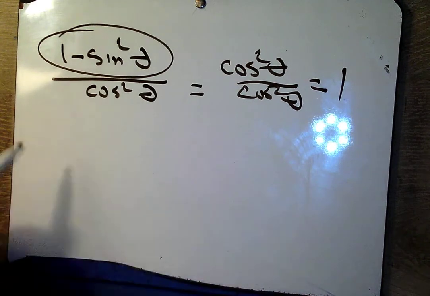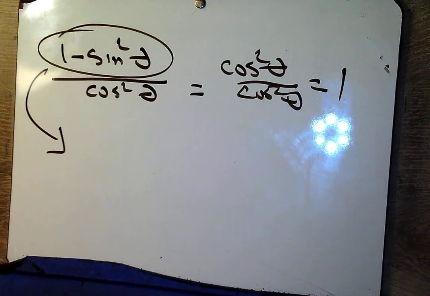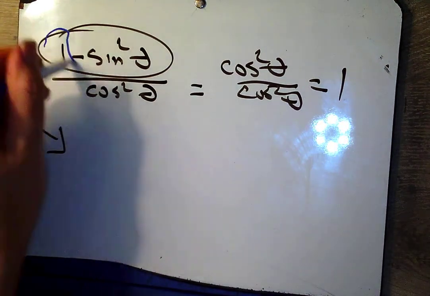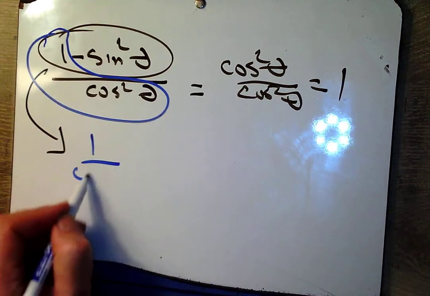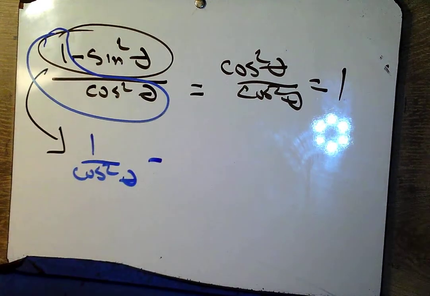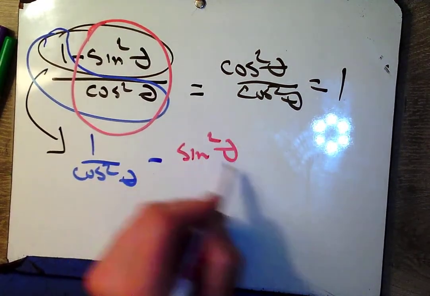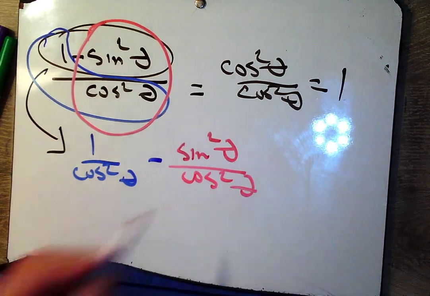But let's actually follow the directions. The direction said split this into 2 fractions. So our first fraction is 1 over cosine squared. And then we have this minus sign. And then we've got the second fraction, sine squared over cosine squared.